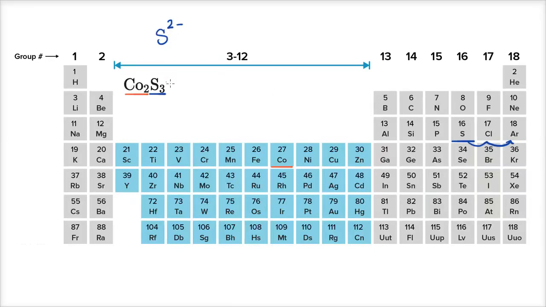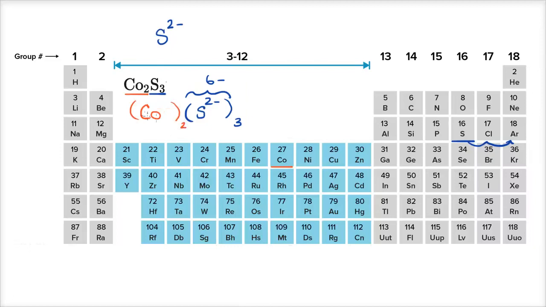So we can use this as a clue to figure out what must be the charge on the cobalts, because we have 3 of the sulfides. Each of the sulfides has a 2- charge, and we have 3 of them, so that's going to give us a 6- charge all in. And then the cobalt, we have 2 of them.